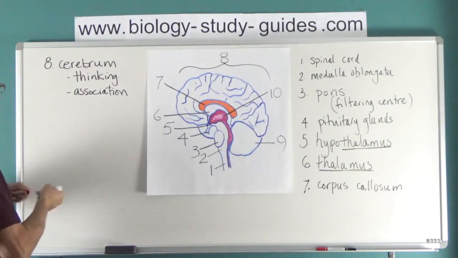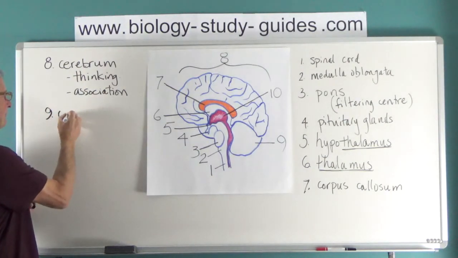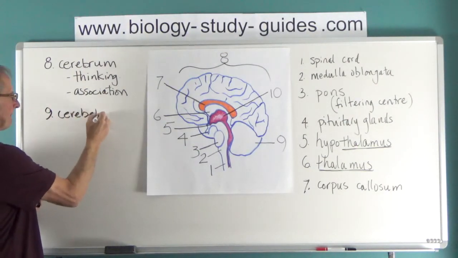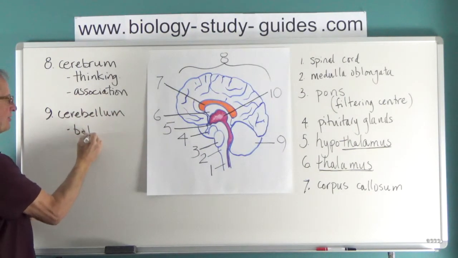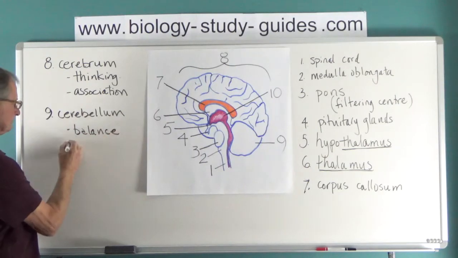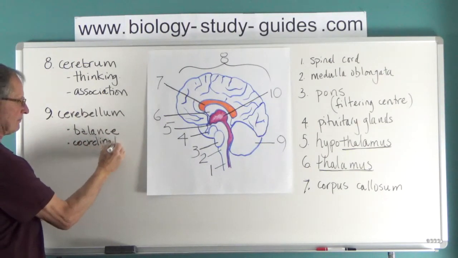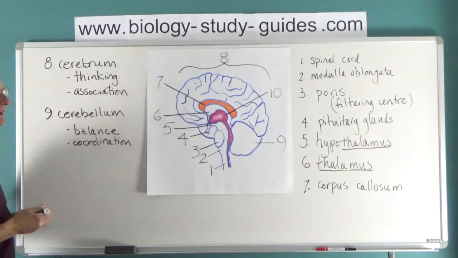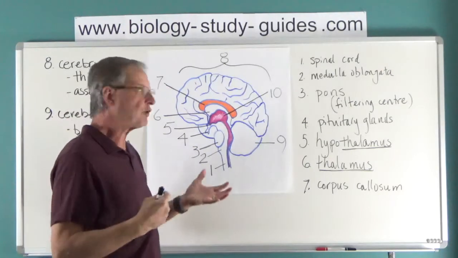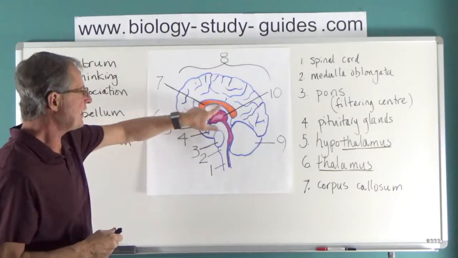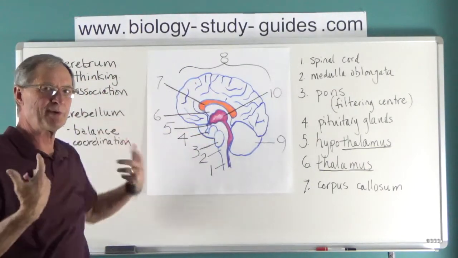Number 9 is the cerebellum, and it has to do with balance and coordination. It's one thing to be able to move the left foot, the right foot, and the left foot to walk, so that you've got that sort of communication through the corpus callosum, but you still have to be coordinated.